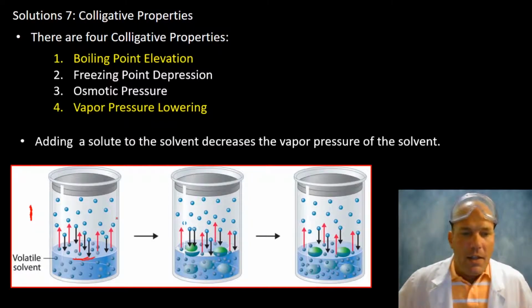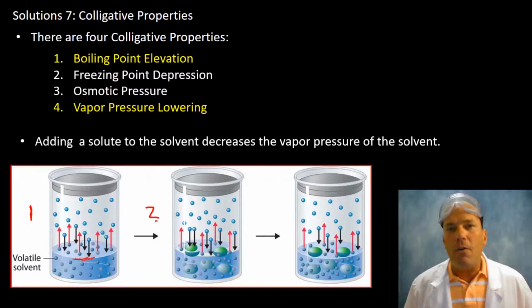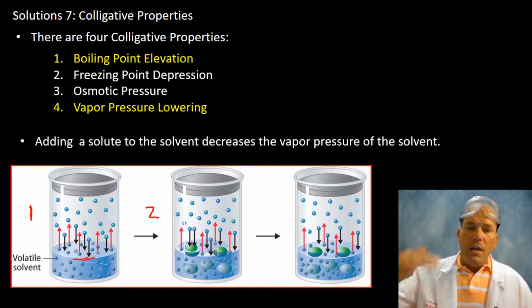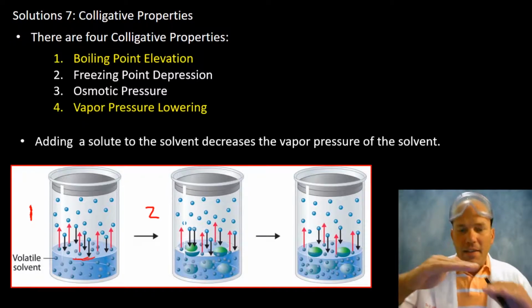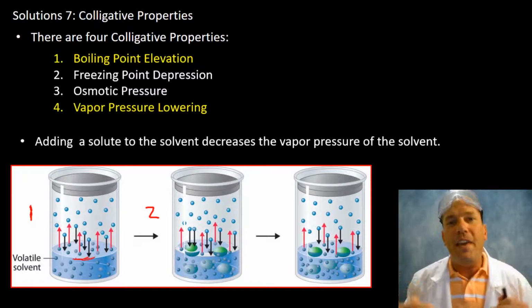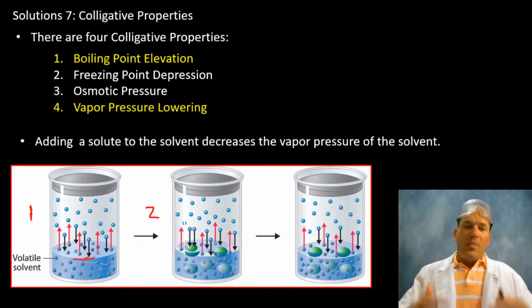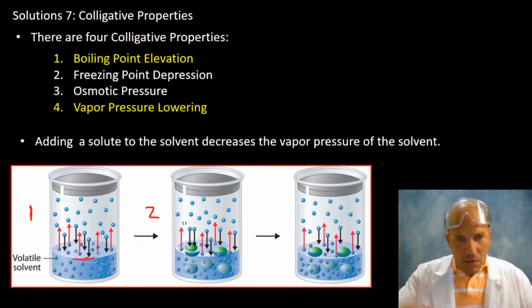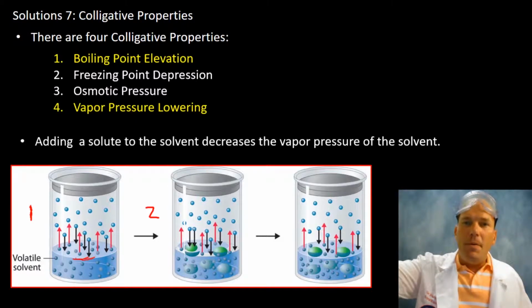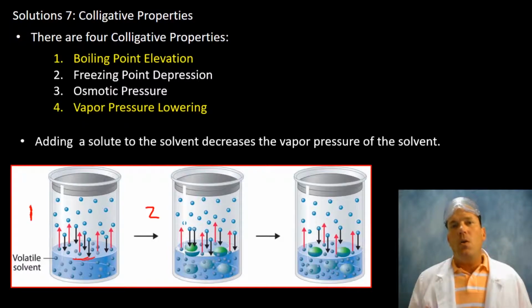All right. In diagram number 2, however, there are solutes that have been dissolved. Okay, now if you notice, they are disrupting that interface between the liquid and gaseous phases. So water molecules in this example are unable to escape into the gaseous phase or re-enter into the liquid phase.